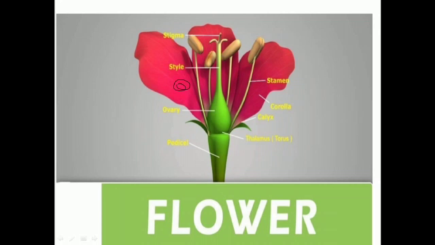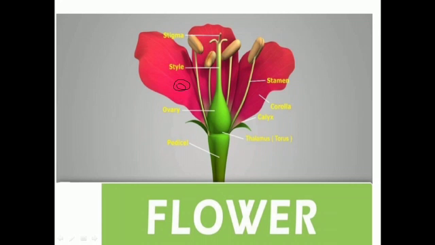Here in this example which you are watching in the figure, these petals are red, and the purpose of these brightly colored petals or the corolla is just to attract the insects or the birds, which are one of the important agents of pollination actually.